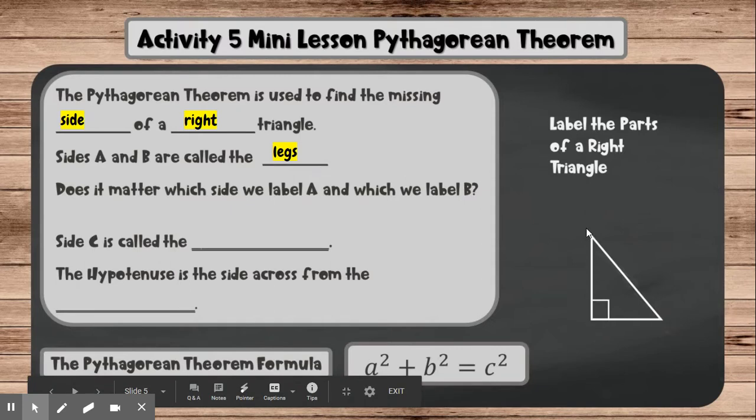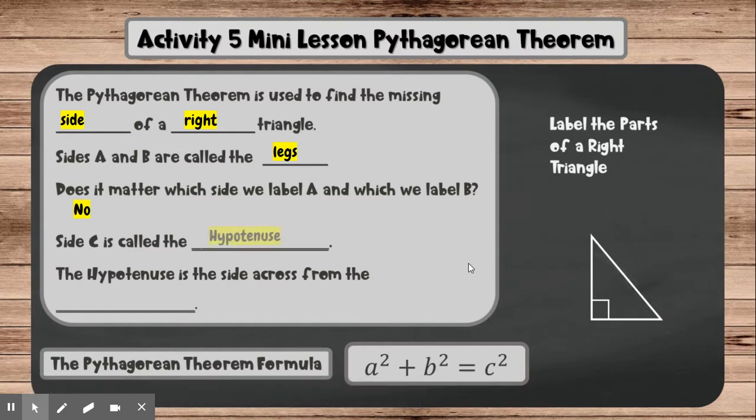The sides of the triangle that touch the square are your legs, and we call those sides A and B. Does it matter which side we label A and which we label B? No, as long as we're consistent. Once you start, you stay consistent with that.